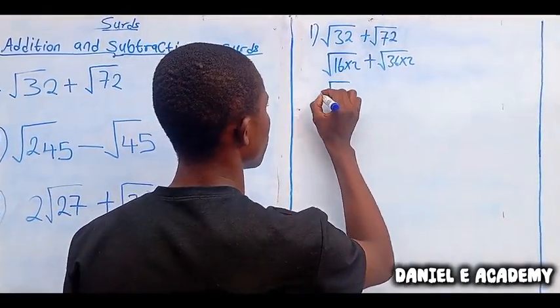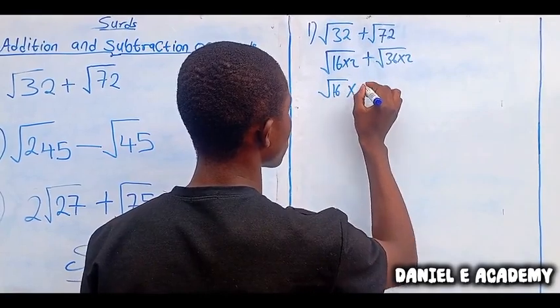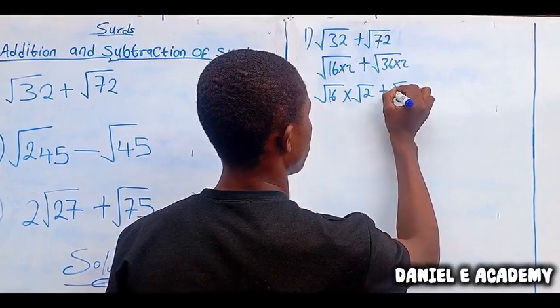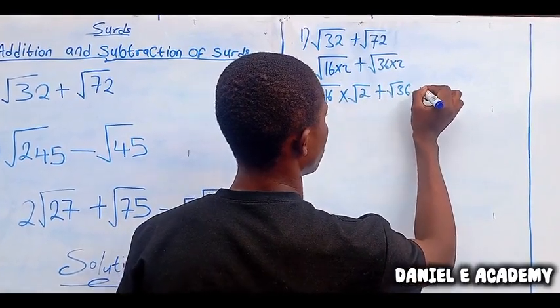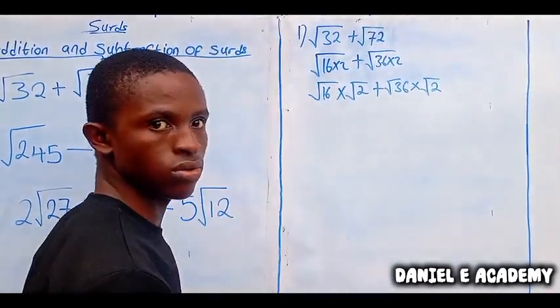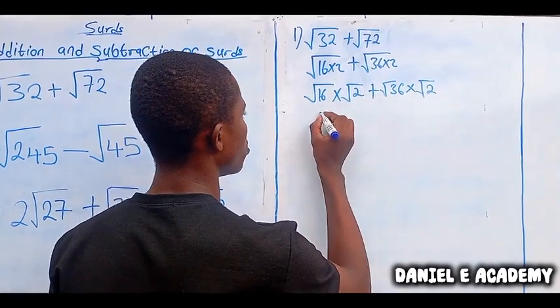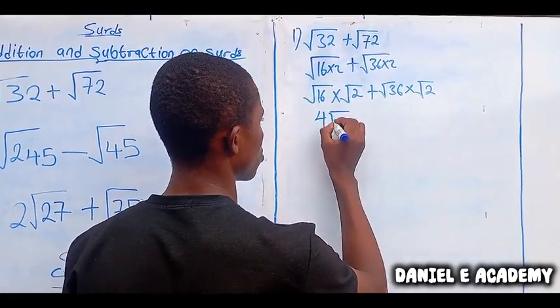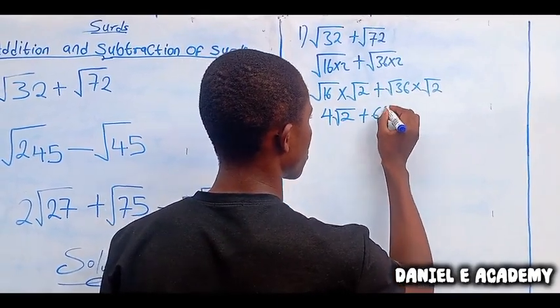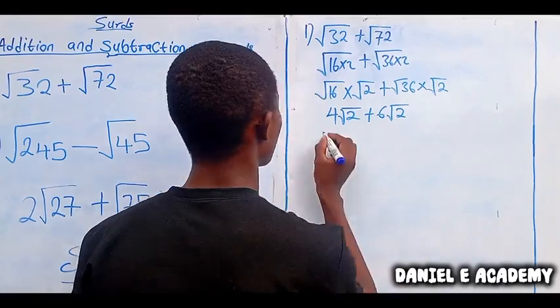So root of 16, using the law, becomes root of 16 multiplied by root of 2, plus root of 36 multiplied by root of 2. Root of 16 will give us 4 root 2, plus root of 36 will give us 6 root 2.